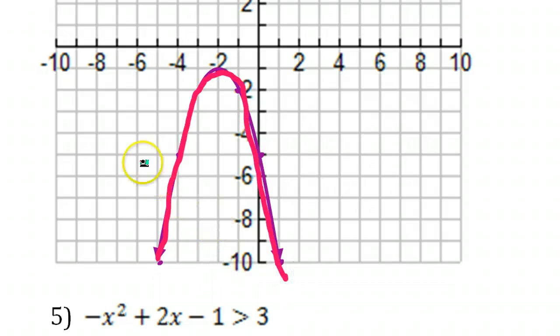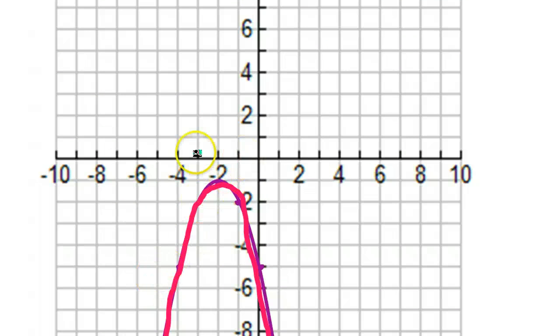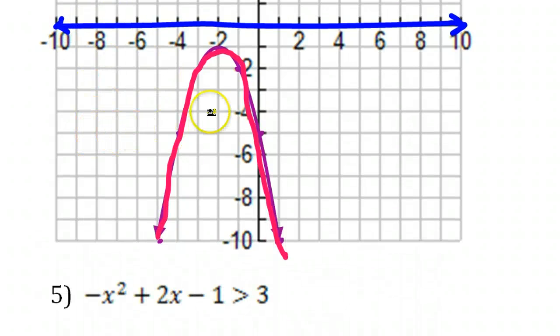Alright, this part of the graph is below the x-axis. The whole thing. So if I was going to translate this into a number line graph, I'd have to do this. Okay, I'd have to indicate the entire number line because that's the domain of this parabola. It goes from negative infinity to positive infinity.